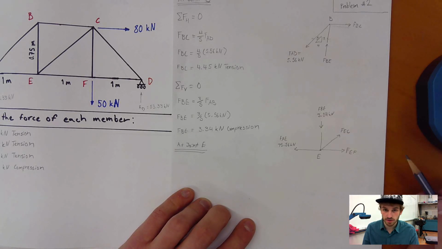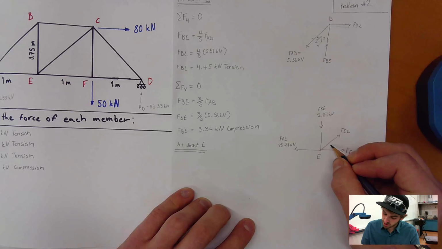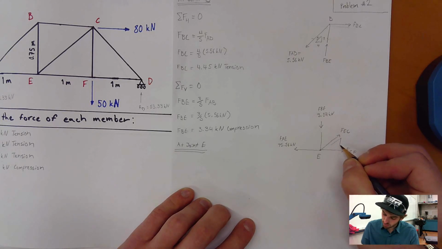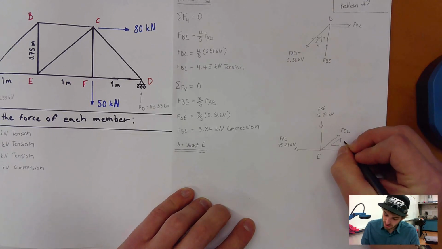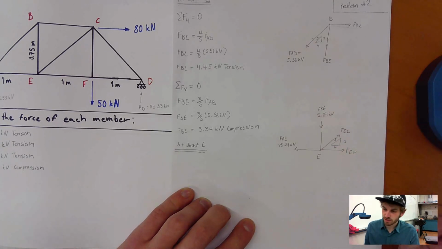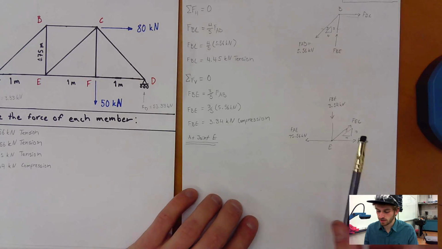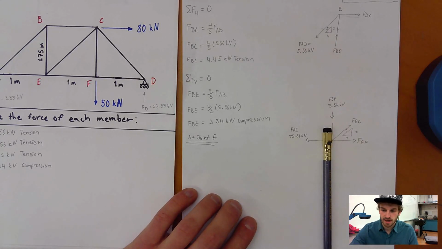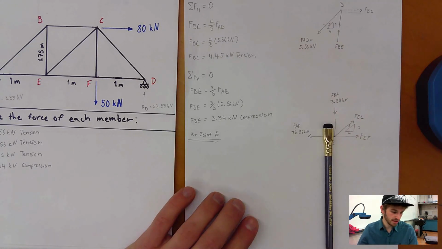What we do know is that we have a bunch of 3, 4, 5 triangles. So if we put it in here, that is a 3, that is a 4, and that is a 5. Wow. Cool. Okay, we've got our little diagram. Lovely. Let's look at the forces in joint E.